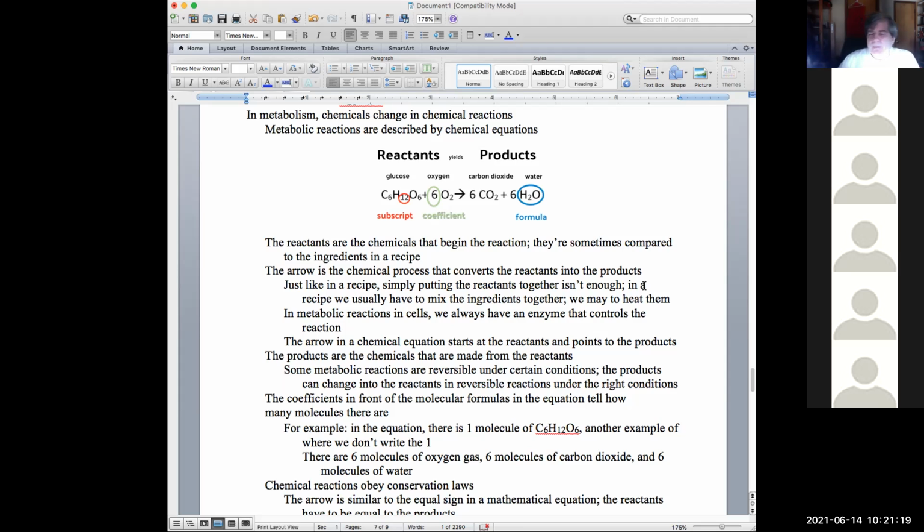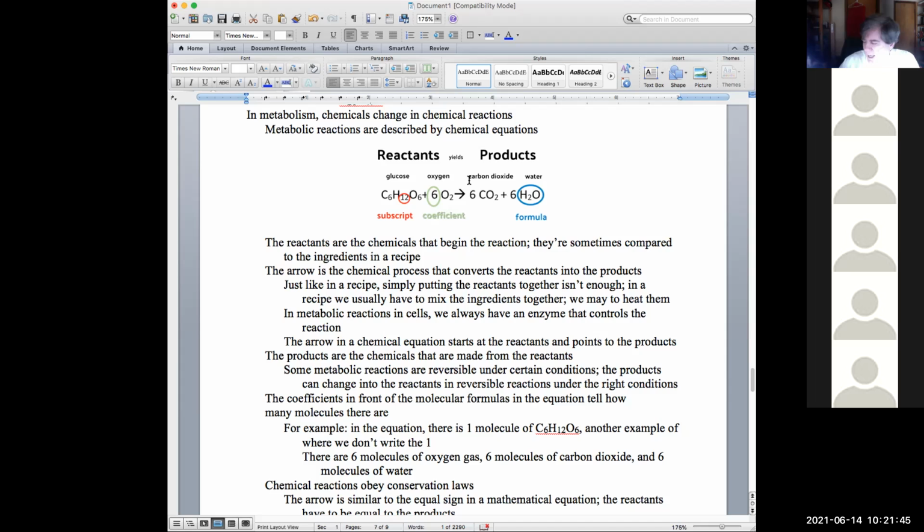When we look at metabolic reactions, the only way that they happen in most instances, there are one or two exceptions, but keep in mind, we're talking about one or two out of millions. The way that they generally happen is they have to have a protein involved in this process, this arrow. And this protein is something that we call an enzyme.